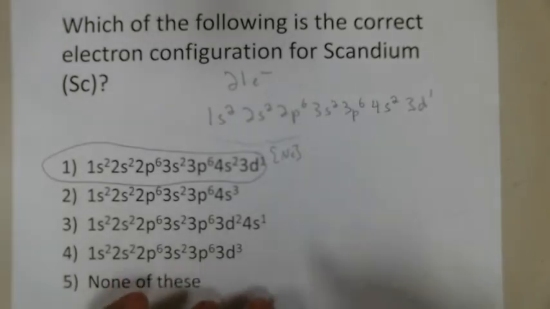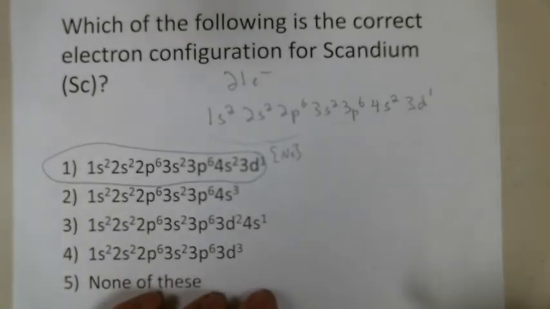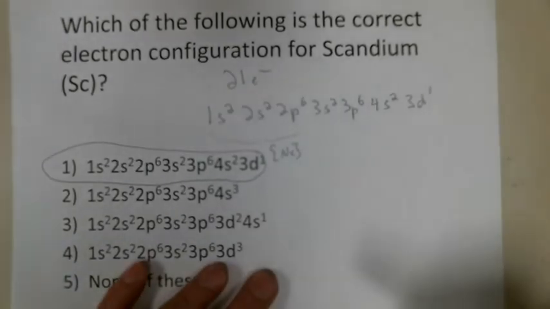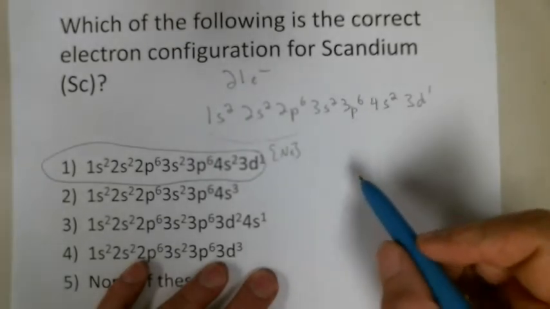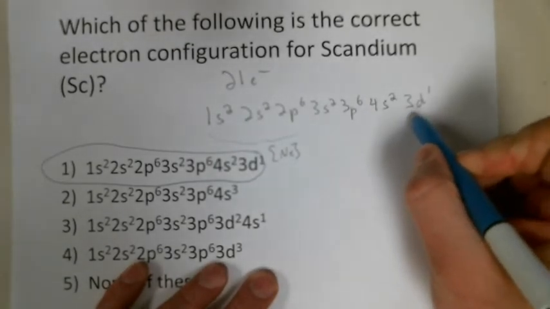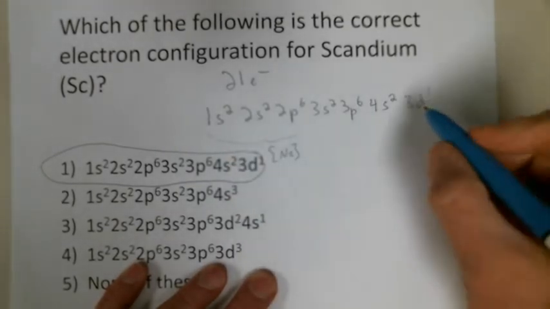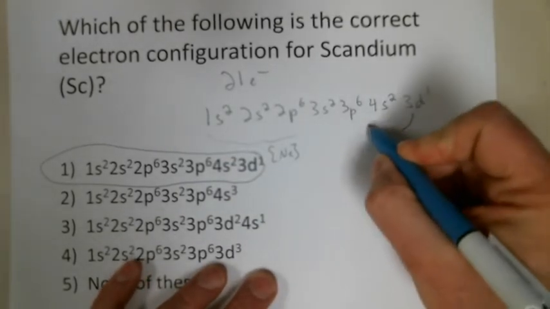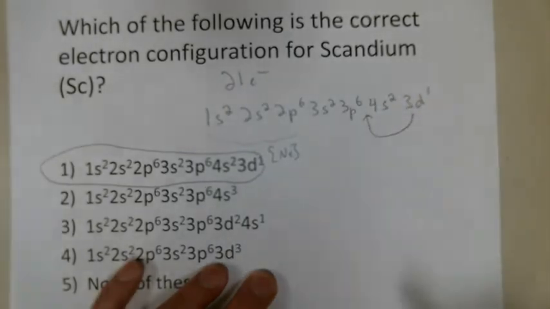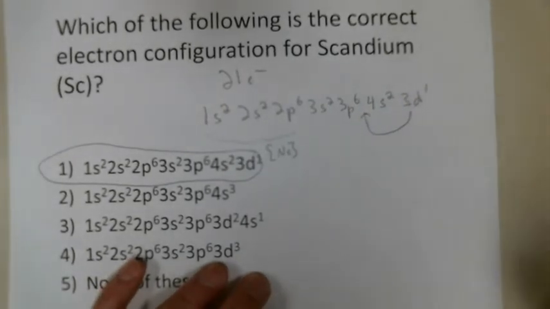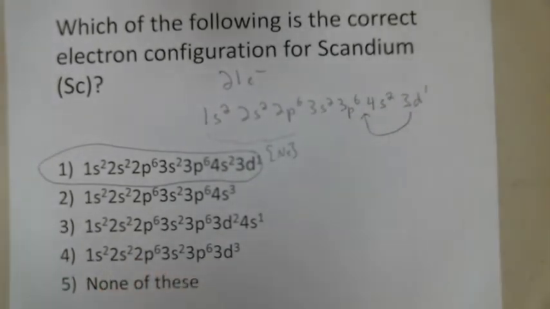Now I don't know if I want to tell you this or not until you actually run into it. Some people will write this, and even though this is the way we fill it and the way the periodic table goes, they'll still go ahead and write the 3d in here. I'm not a fan of that, but I've seen it both ways. Which one's technically correct, I don't care, right?